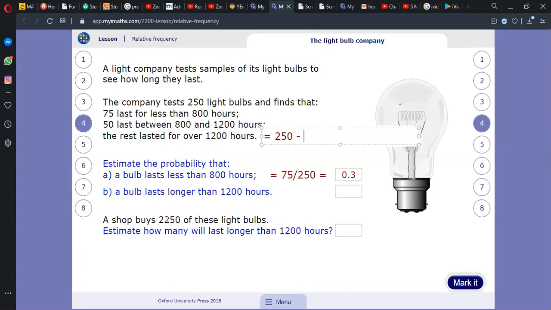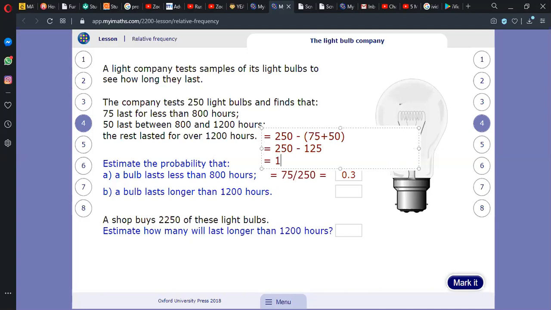The rest is going to be 250 minus the sum of 50 and 75. I can put that in brackets, the sum of 75 plus 50. So I'm going to expect that to give me the result I want, which is 250 minus 125. And when you do that subtraction, you are going to get 125 back.